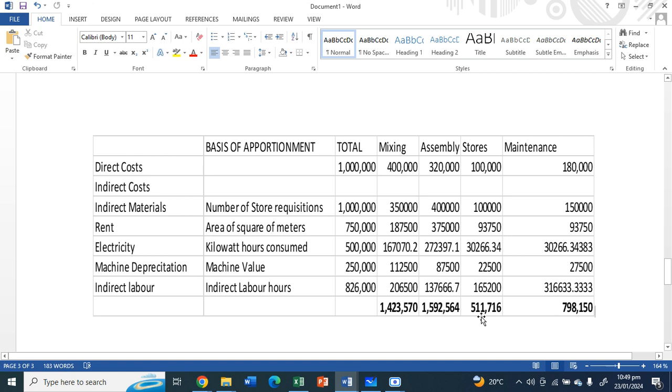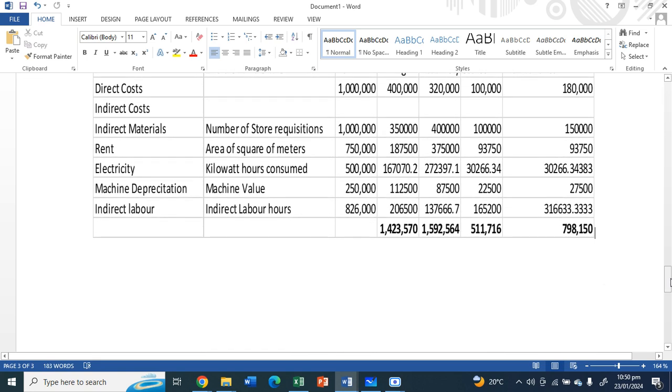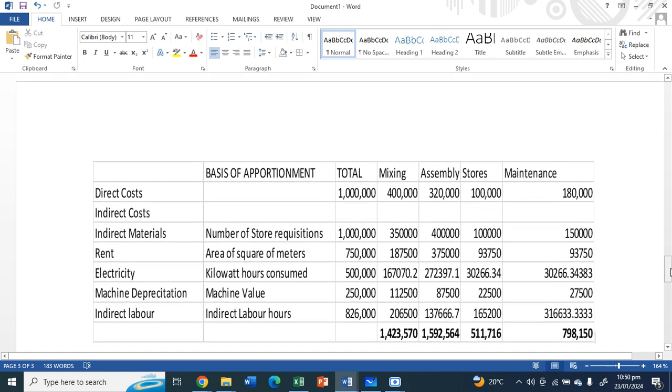Stores, 511,716. Maintenance, you add 798,150. So we can say the first stage has been done. We've apportioned all the costs. Any questions, colleagues? So far, any questions?